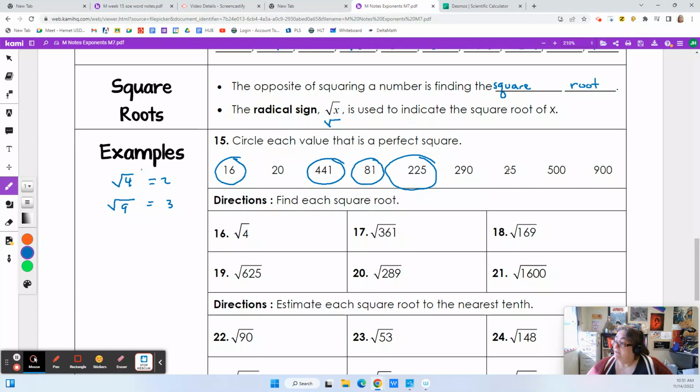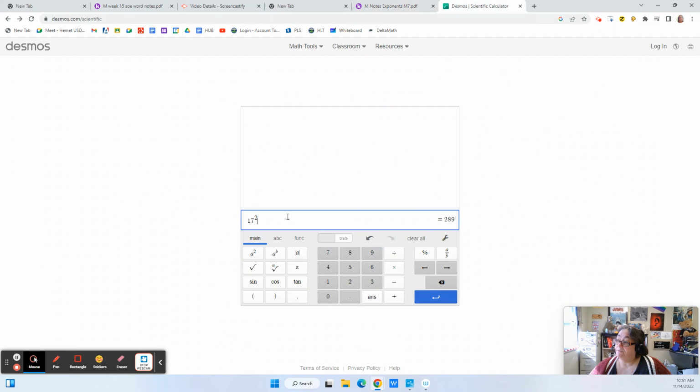What about 25? So we know that's good. What about 500? Well, it would have to be more than 21, right? Because 441 was 21.